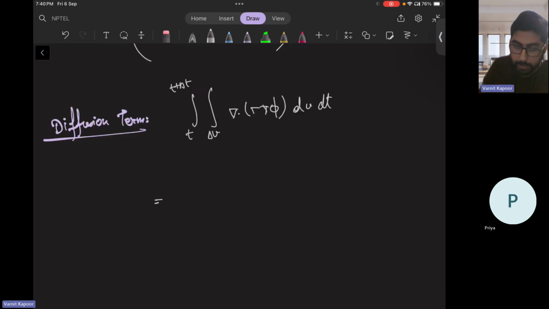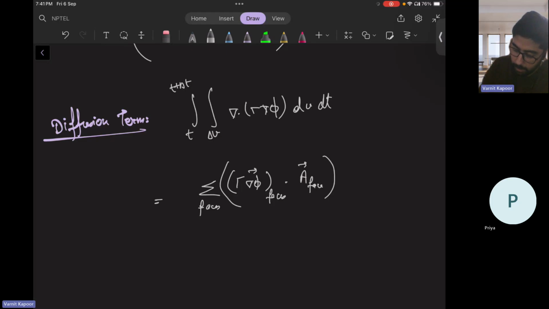So again, how will you write this? With linear profile assumptions, it is a summation over all the faces of Γ∇φ at the faces dot A face, integrated over t to t plus delta t, dt.